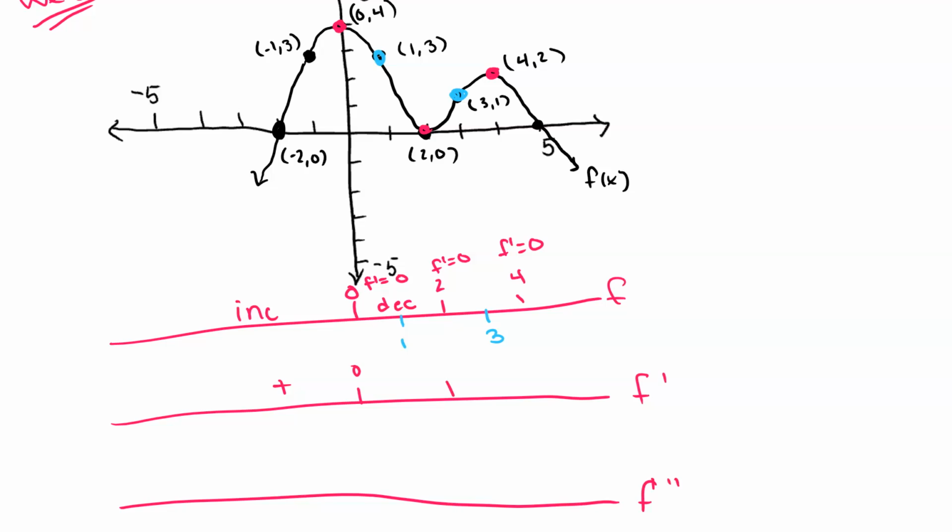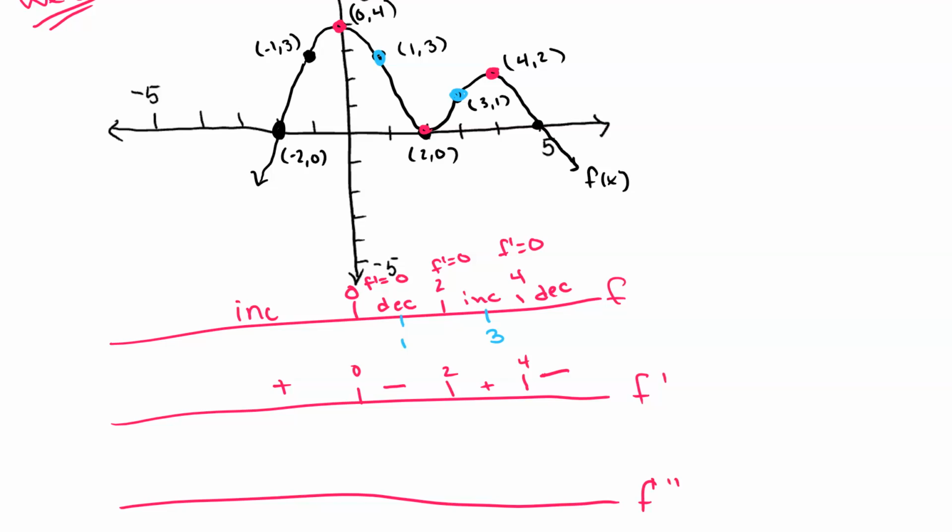So between 0 and 2 on my first derivative graph, I am negative. Between 2 and 4, we're going back up, so we're increasing, which means on my derivative graph, I am positive. And then to the right of 4, we are decreasing, which means on my derivative graph, I am negative.